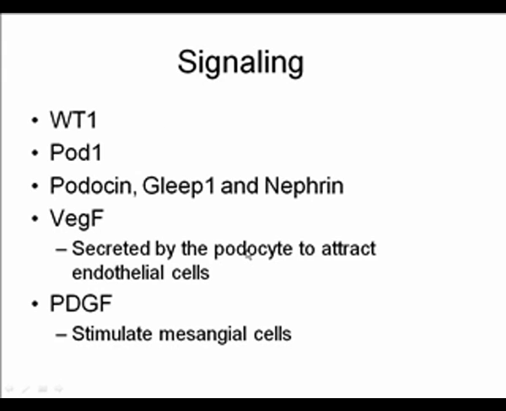VEGF is secreted by podocytes, and VEGF is important in endothelial cell recruitment and formation into blood vessels. PDGF, platelet-derived growth factor, is important in stimulating some of these cells to become mesangial cells. So you can see that there are a host of factors that are differentially expressed that can help in developing these different cell types.